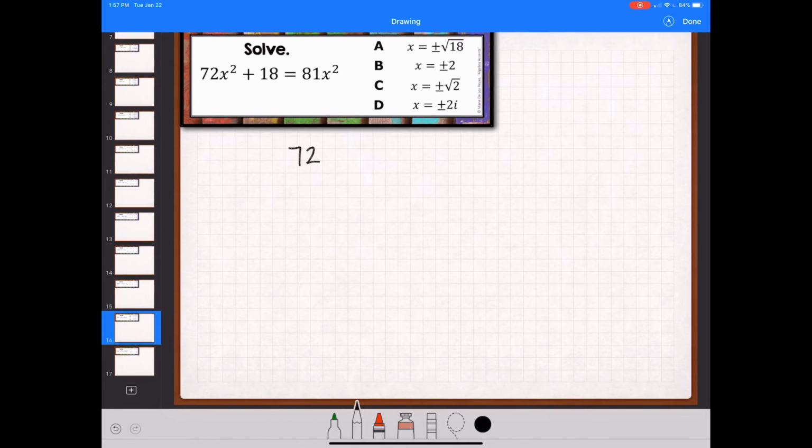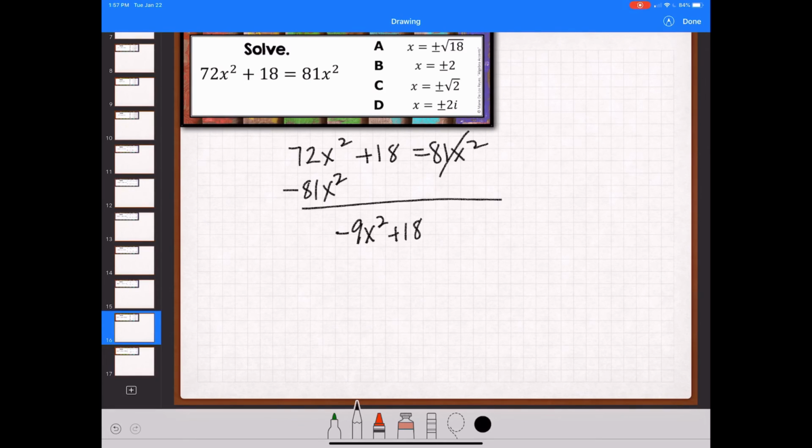Okay, this one's a little bit different, but it's the same idea. We want to isolate the x squared, so we want to put all the x squareds on the same side. So 72 minus 81, that's going to give me negative 9. So negative 9x squared plus 18 equals, there's nothing on this side now, so I put 0.